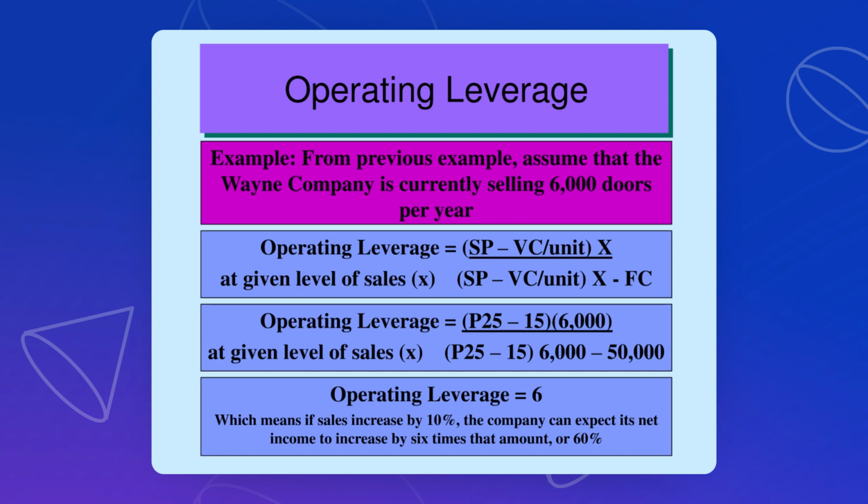That's why you have 60% here. Again, percentage change in EBIT divided by percentage change in sales. If you have an OL of 6, you just multiply it by 10%, so you can expect a 60% increase.